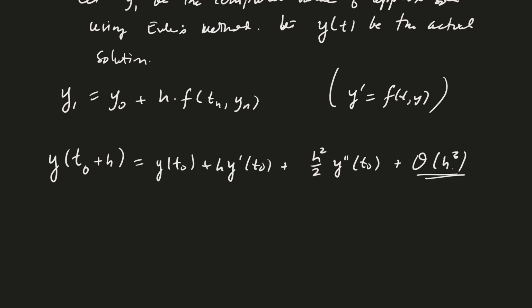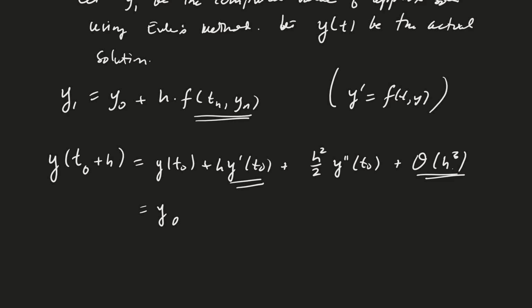Okay, now this y prime here is actually this, right? And so I could rewrite that as y of t0, or maybe I'll just write it as y sub 0, because those are the same, right?